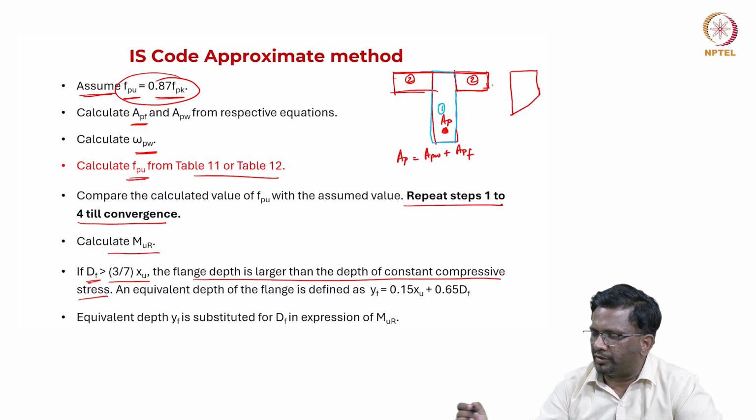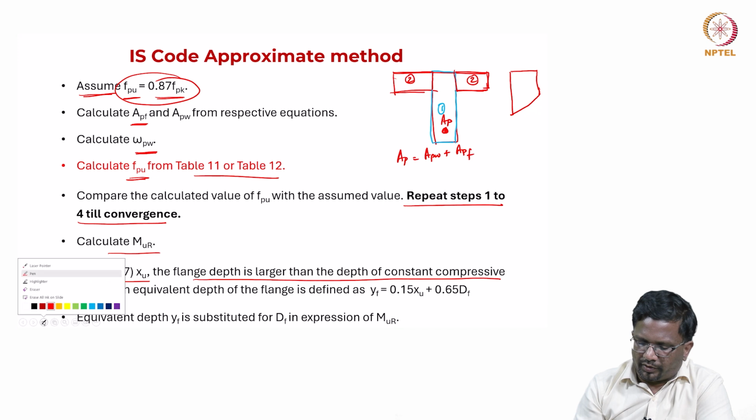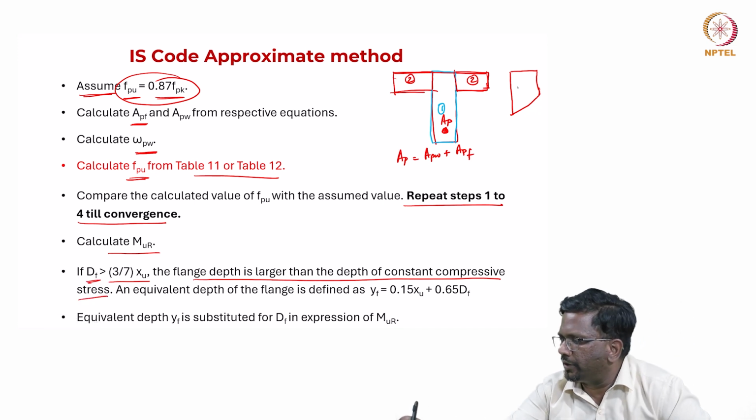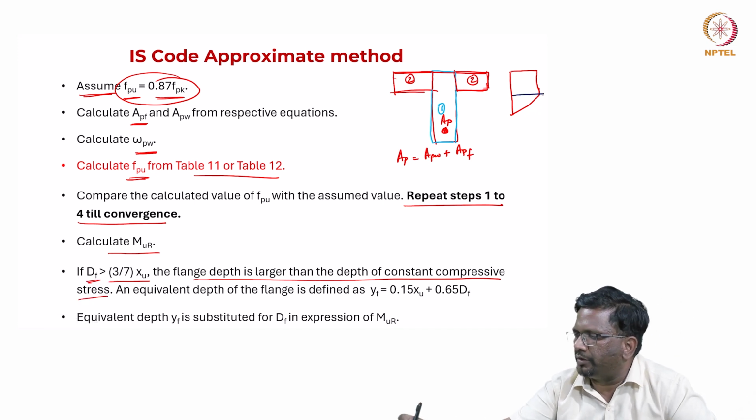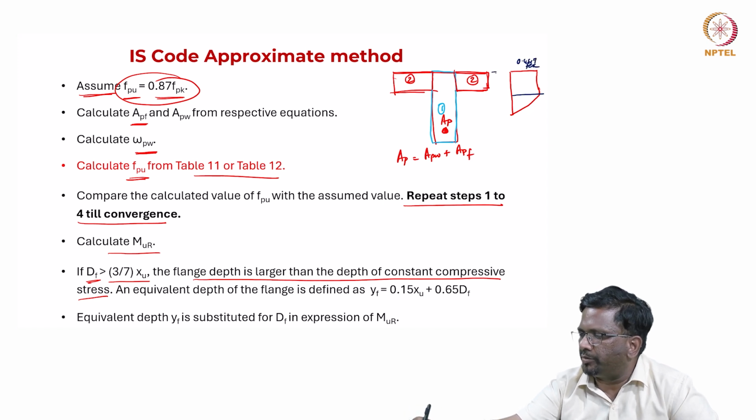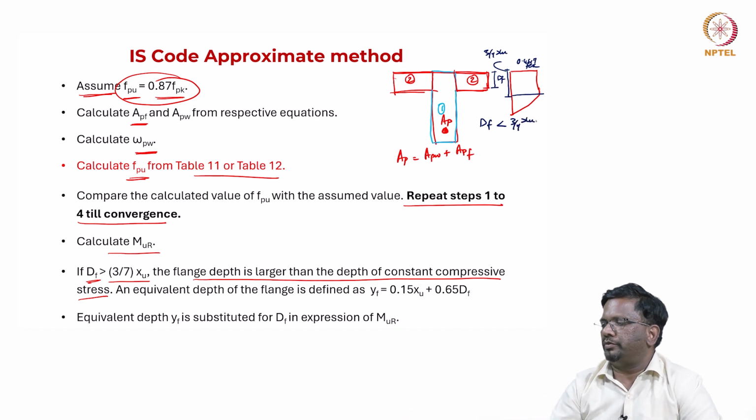So, that means this depth we are taking, this is up to here, this is 0.447 FCK. So, that means this depth df is basically your 3/7 of your XU, or in other words, df has become less than 3/7 of your XU.